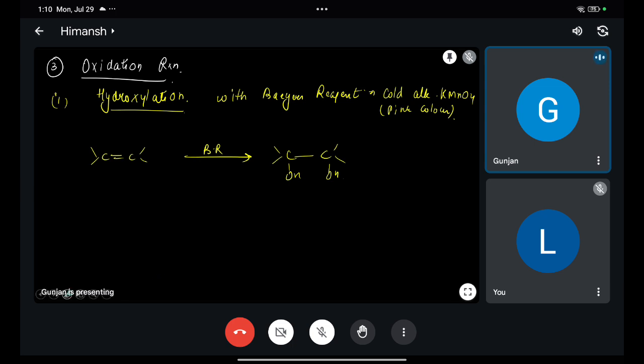Now the point is why? This is an alkene, and Baeyer's reagent is KMnO4, which means MnO4 minus.